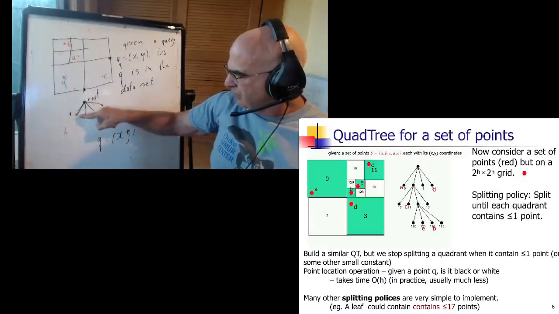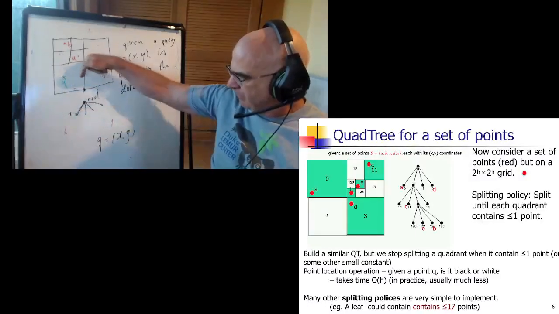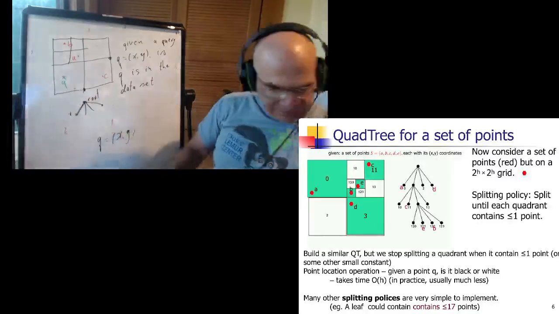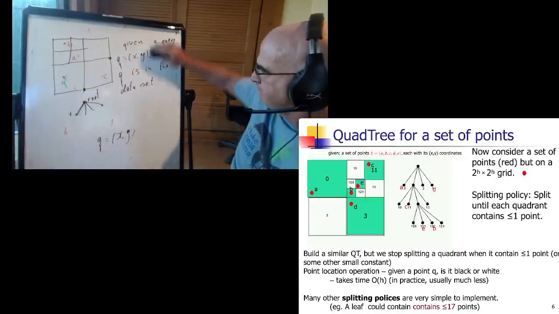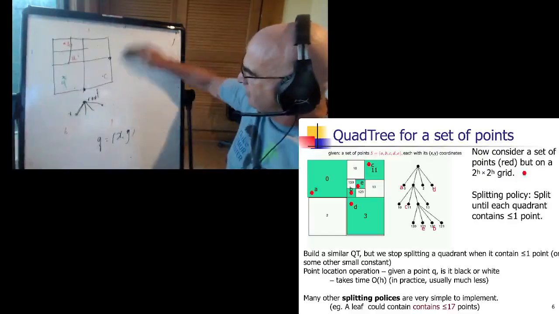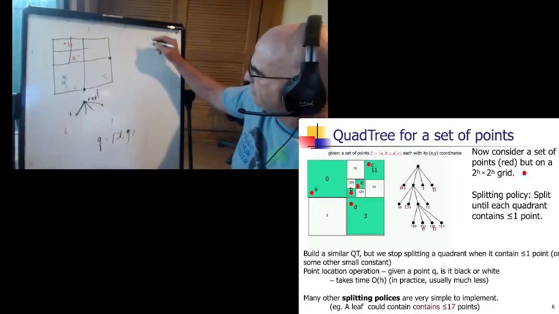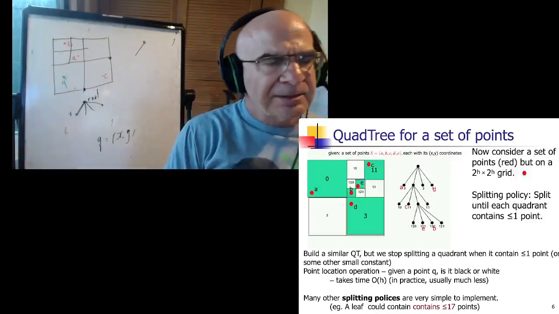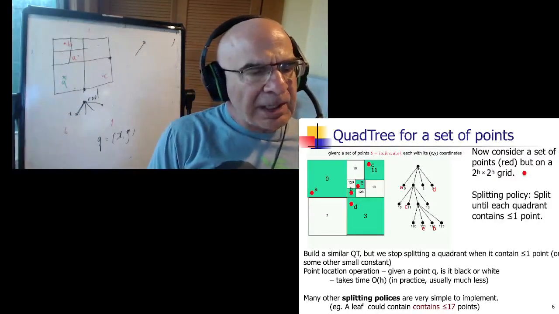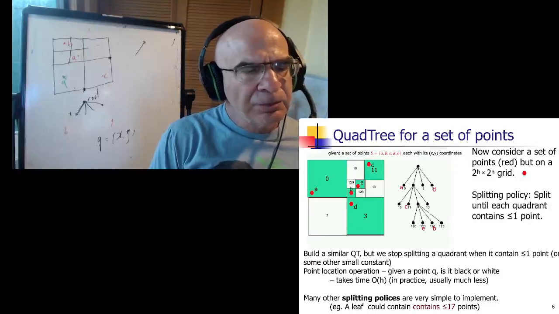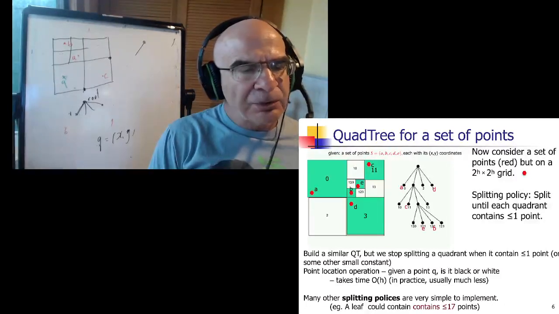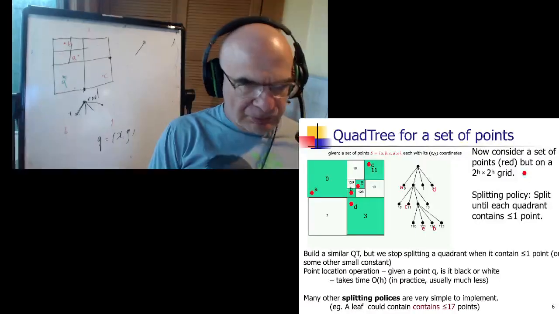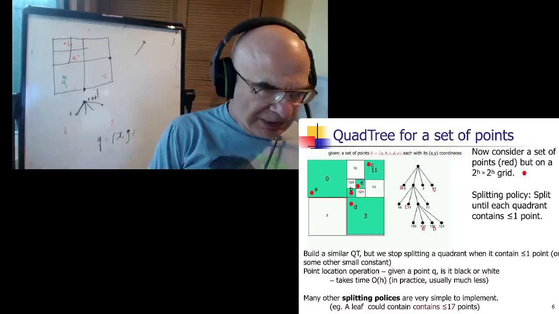Go to the correct child that contains Q. Let's write the quadtree in a more precise way, or let's refer to the slides. Let's say if Q lies in quadrant 2, then I branch from the root to quadrant 2 and realize that quadrant 2 is empty, so Q doesn't lie on any data point.